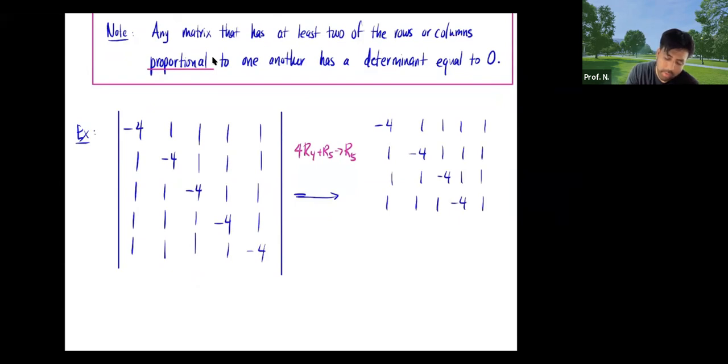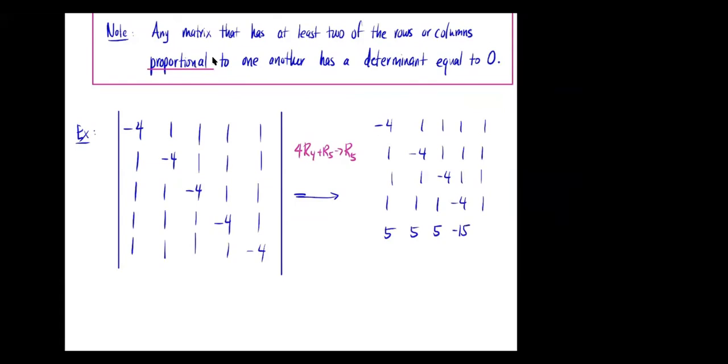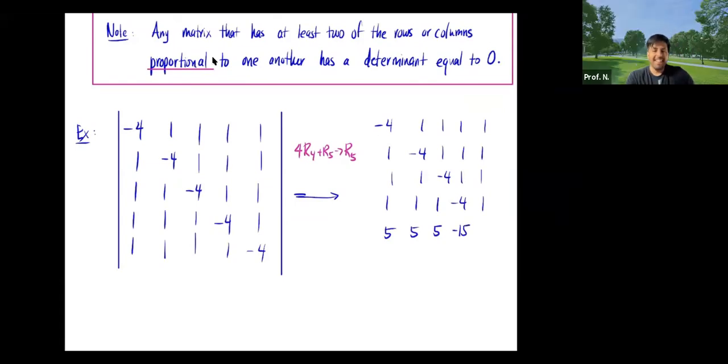This would be what? -4 plus 4 would be +1. This would be 5, 5, 5 of 16, plus negative 16 plus 1 is negative 15. Yeah, it wouldn't work out. No, but that's what you told me.